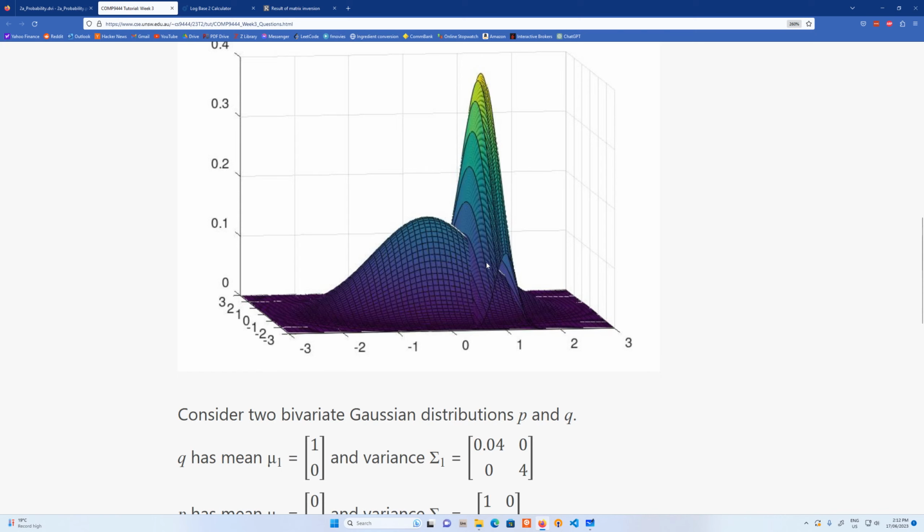So if we're using this P distribution as a reference or a model for Q, it's not that bad because you've still got all this density around here. The main events in Q are still being described pretty well by the model of P.